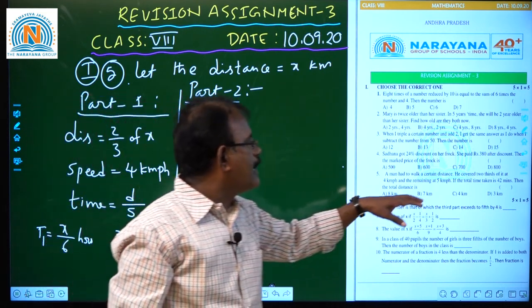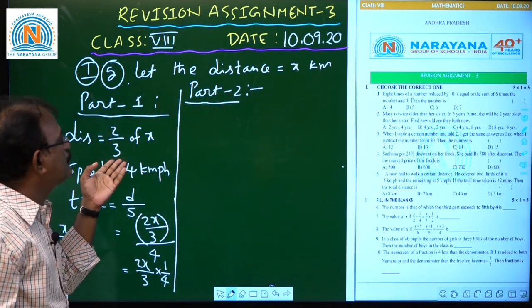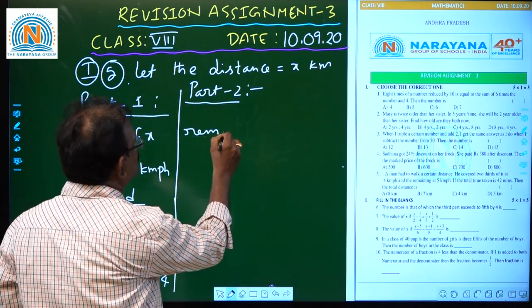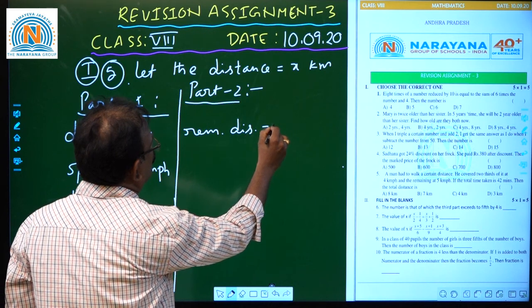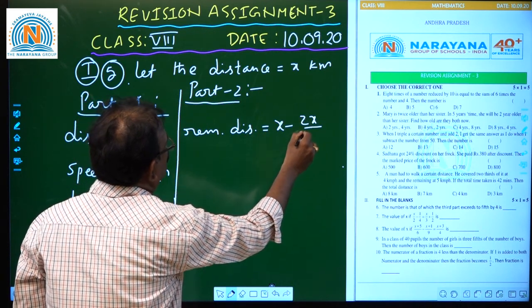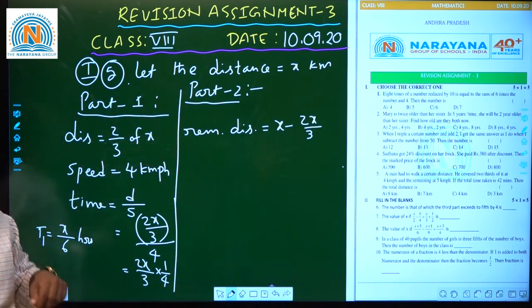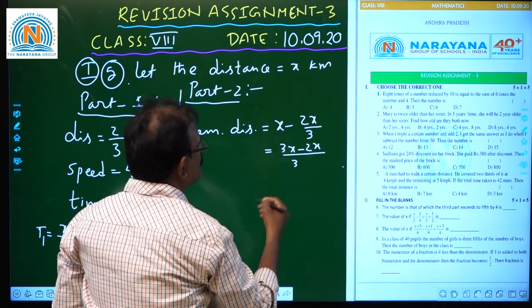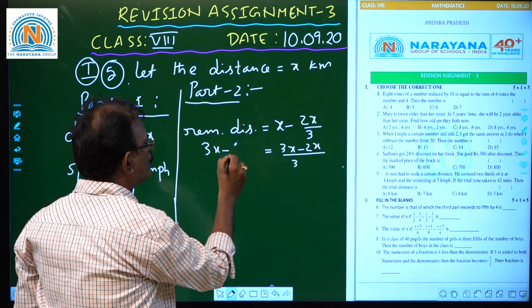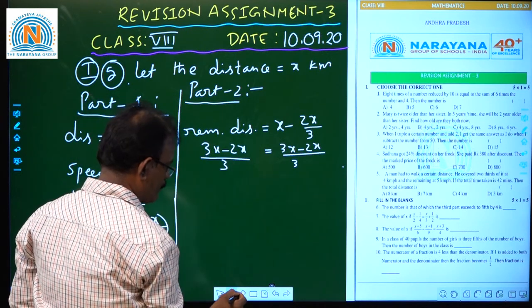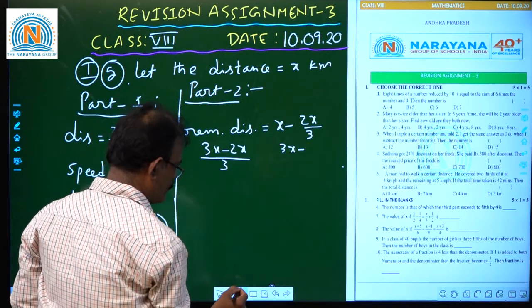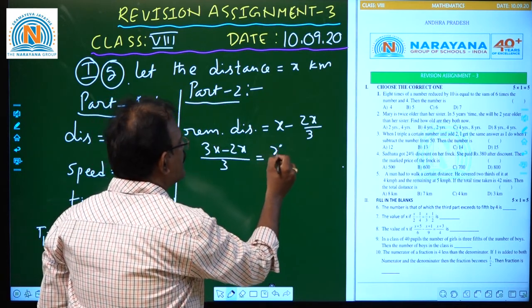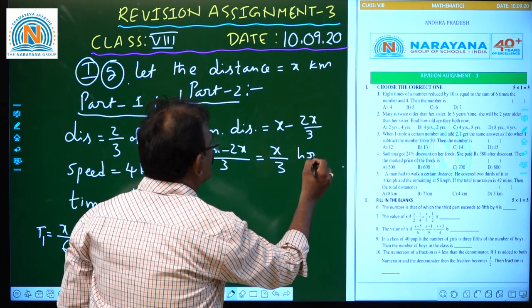Part 2 means after covering 2/3 of the distance from the whole, the remaining distance. So what is the remaining distance? From the total distance we should subtract whatever distance was covered in part 1. So this is x minus 2x by 3, which is equal to x by 3 kilometers.